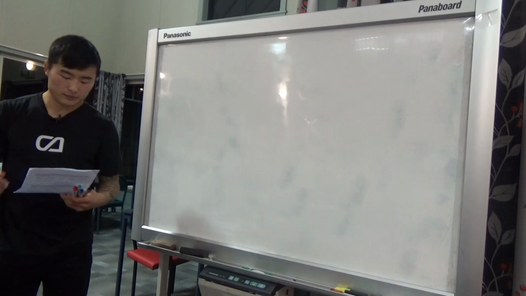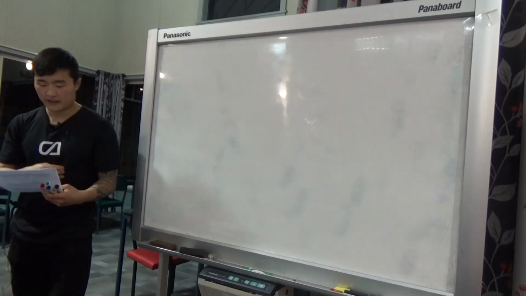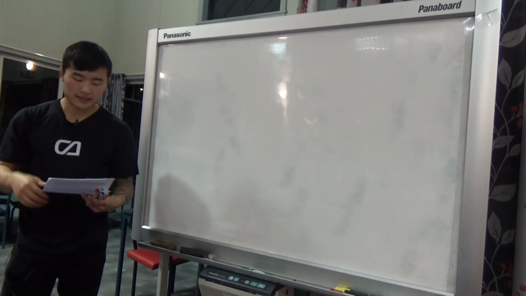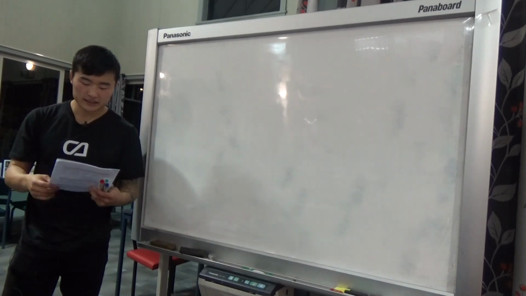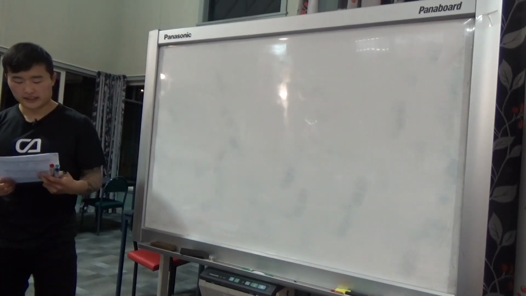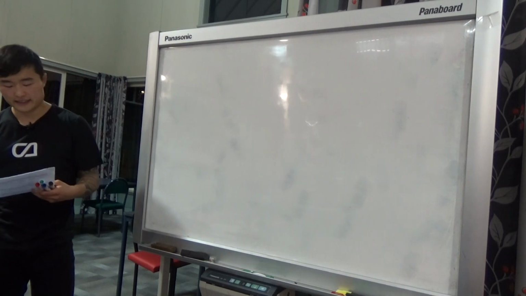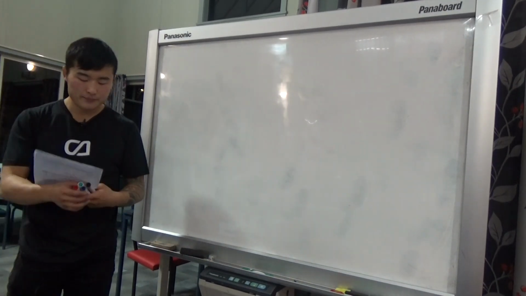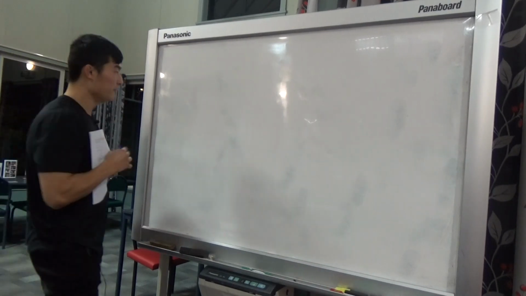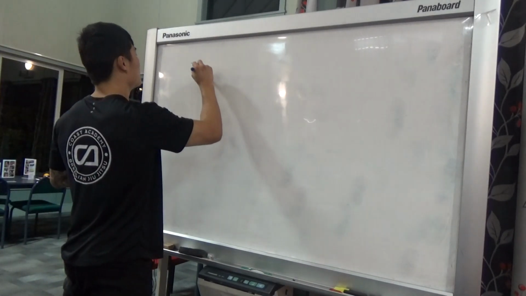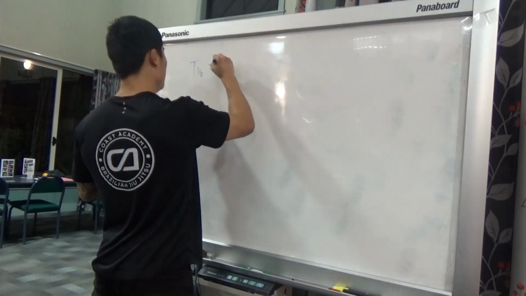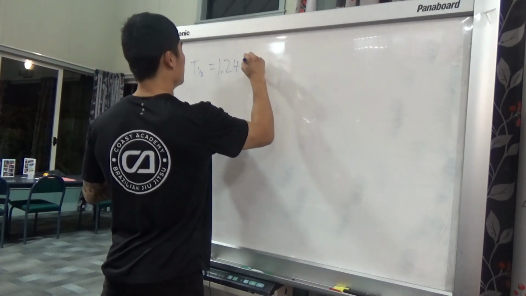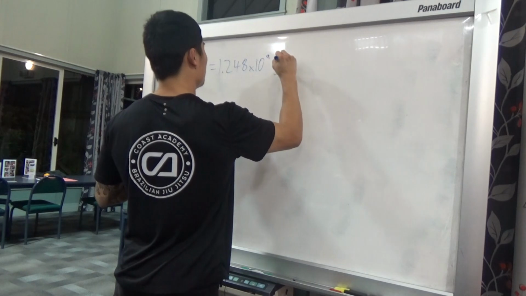Potassium 40K has a half-life of 1.248 times 10 to the power of 9 years. A large rock currently contains 1 milligram of potassium. How much K would be left in the rock in 100 million years' time? So we have the half-life, which is equal to 1.248 times 10 to the 9 years.